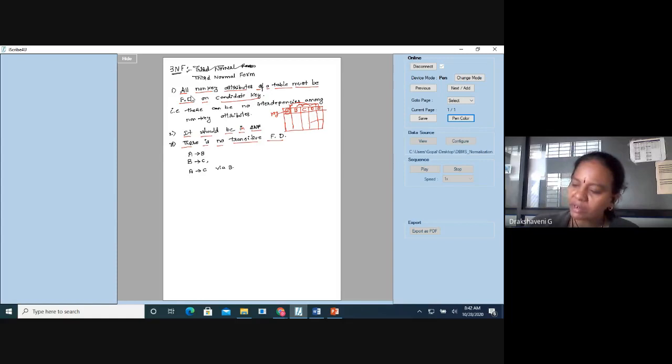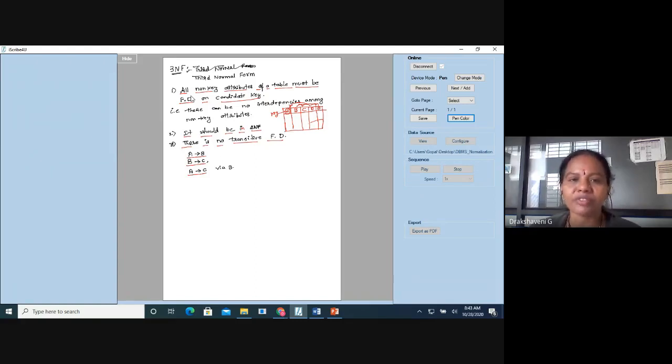What do we mean by transitive functional dependency? If A determines B and B determines C, then we say A determines C via B. So this is called a transitive dependency. Means in third normal form, it should not have transitive dependency.